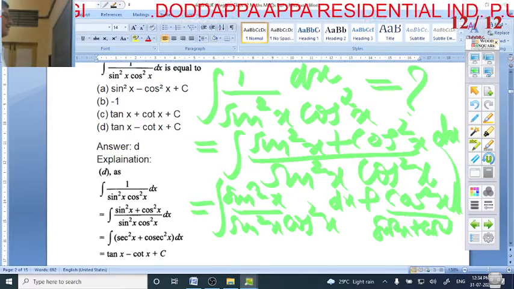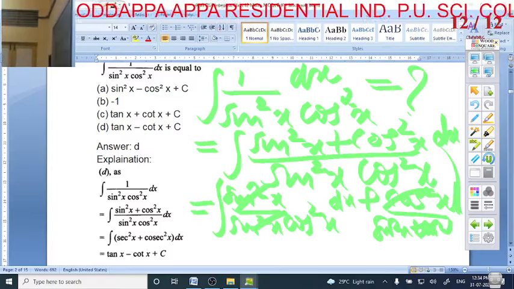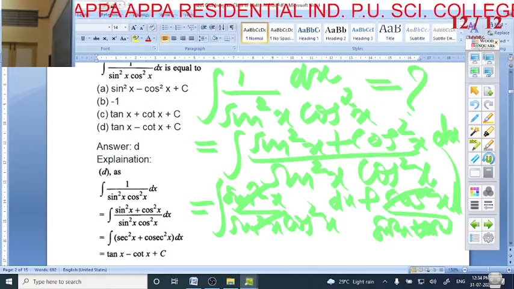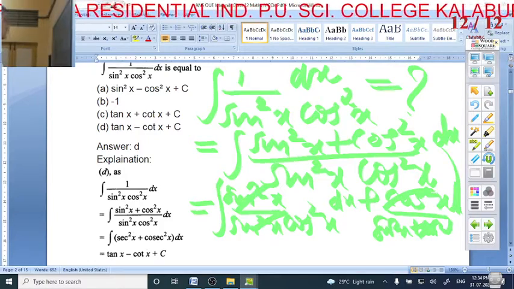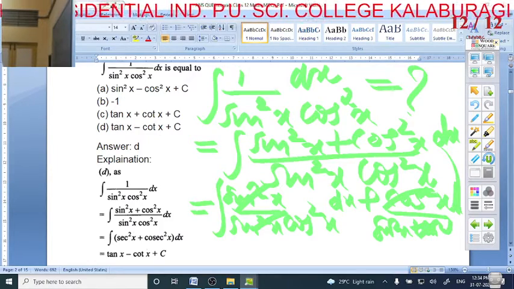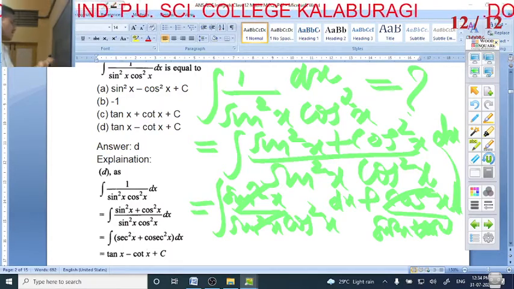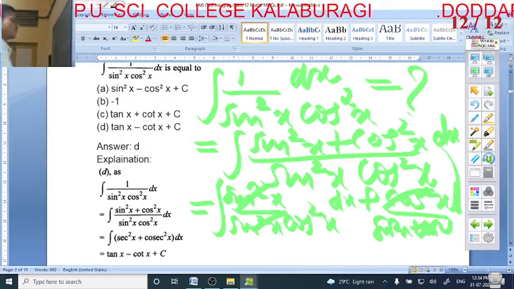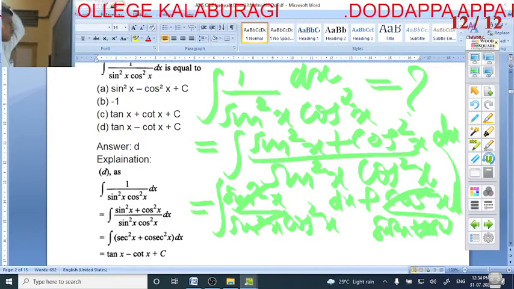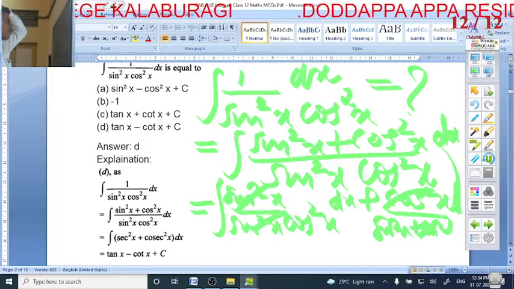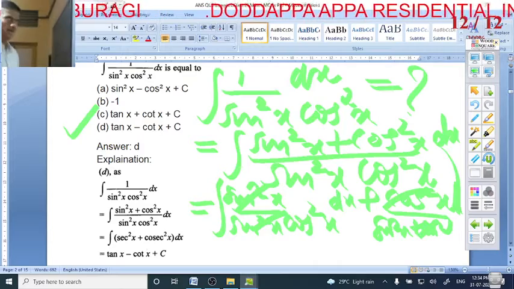Here sin square x and cos square x get cancelled, which remains integration of 1 by cos square x plus 1 by sin square x. You know the direct formulas: integration of sec square x is tan x and integration of cosec square x is minus cot x. Hence tan x minus cot x plus c, option D, is correct.